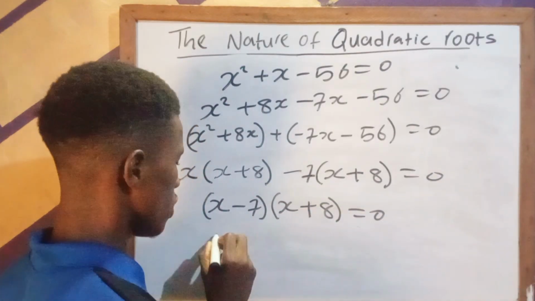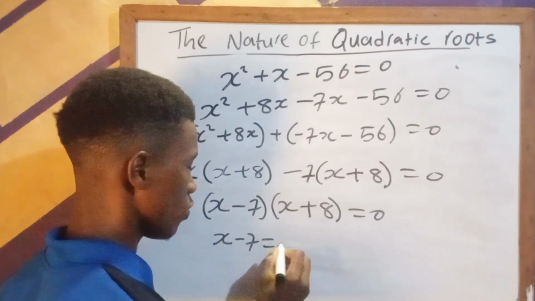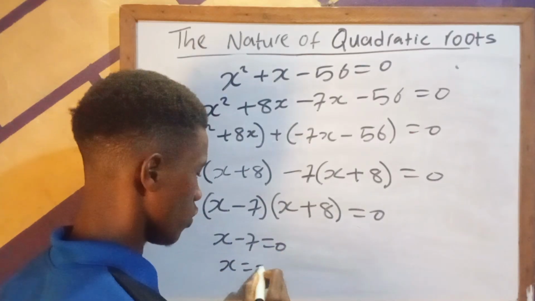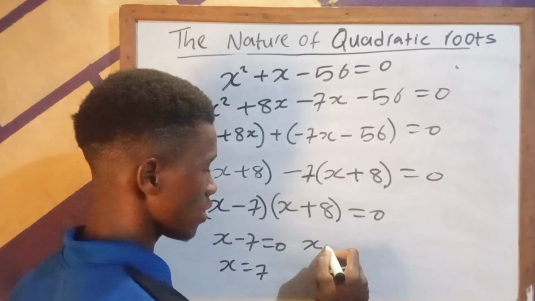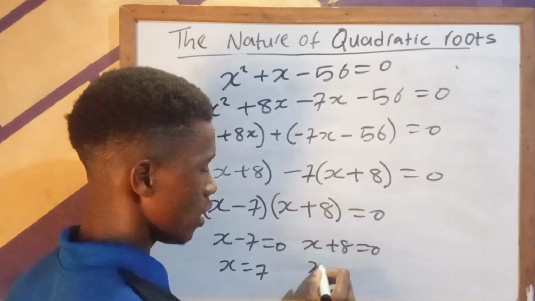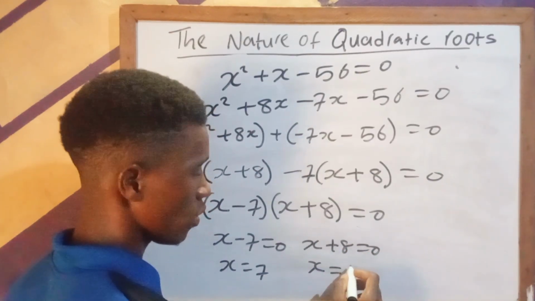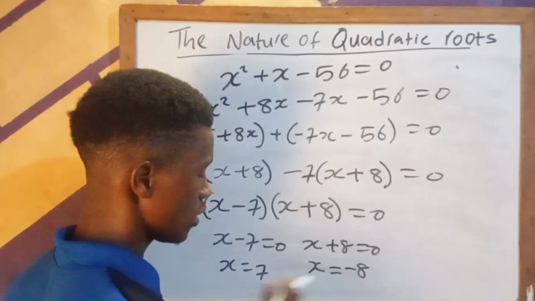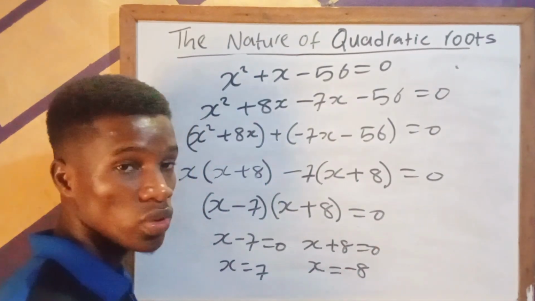When we equate both factors to 0, we see that x minus 7 equals 0, that means x equals 7. Here we have x plus 8 equals 0, and when this one crosses, x is equal to minus 8. So these are the solutions, so we have two distinct roots.